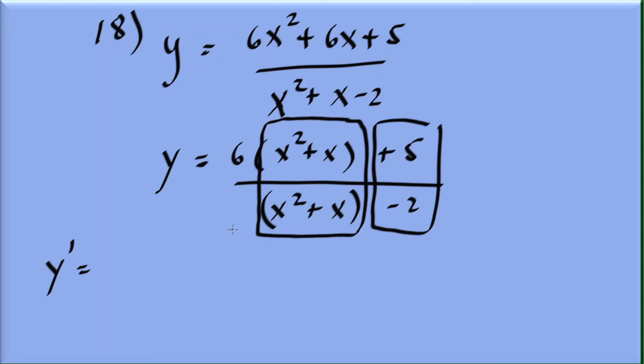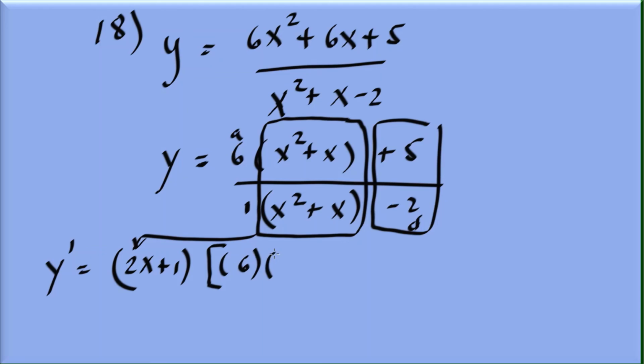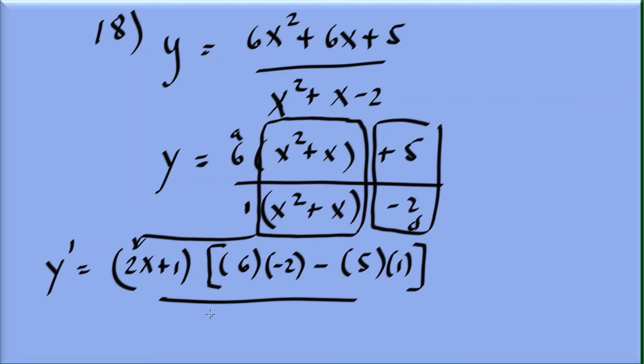So our y prime will be, first get the derivative of these variables, x squared plus x, that's 2x plus 1, then multiplied by AD minus BC, so we know it's a 1. So this is your A, B, C, D, okay, so this is the D. So A, 6 times D, which is negative 2, minus B, 5 times C, which is 1, over the denominator x squared plus x minus 2 squared.